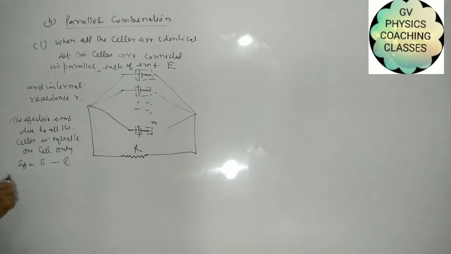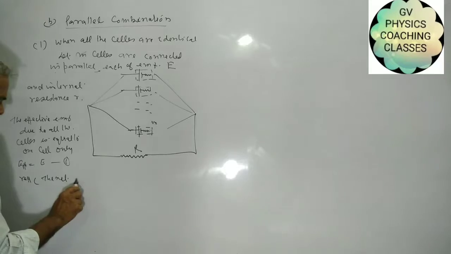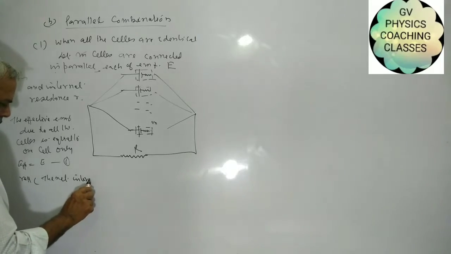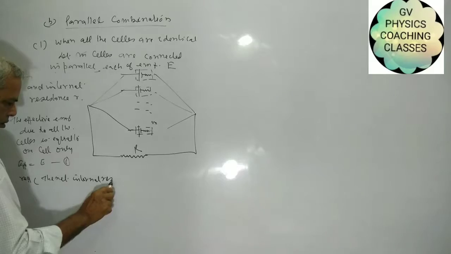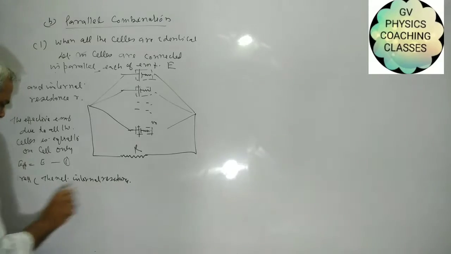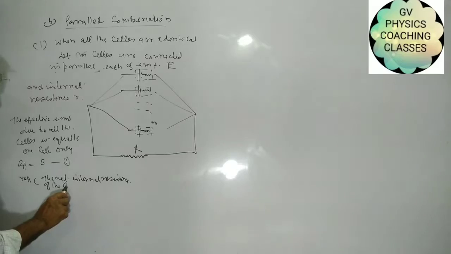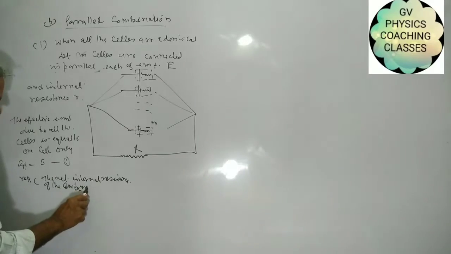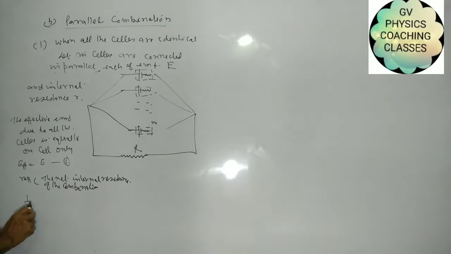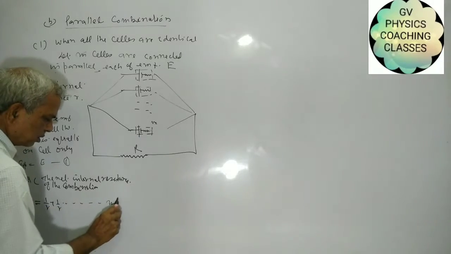But the effective internal resistance, the net internal resistance of the combination, is given by 1 upon R dash is equal to 1 upon R plus 1 upon R up to M times.